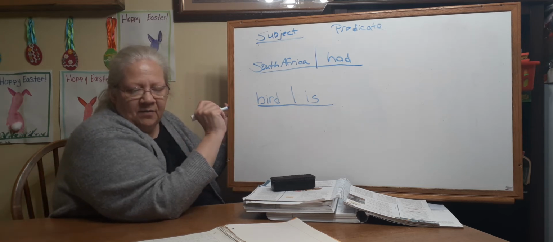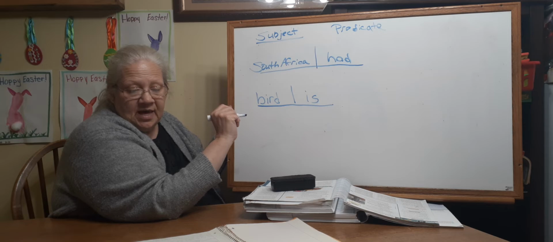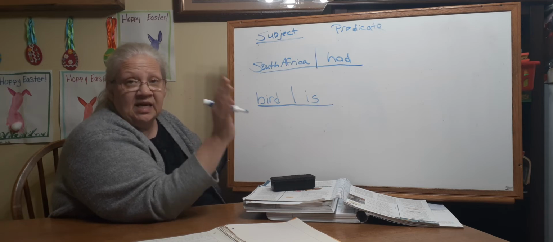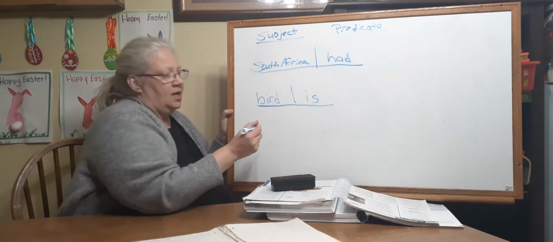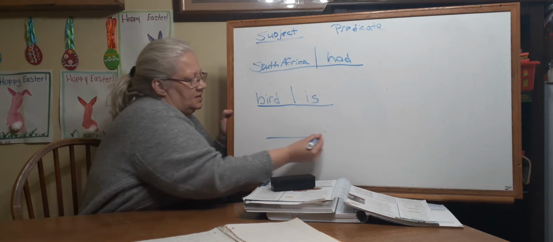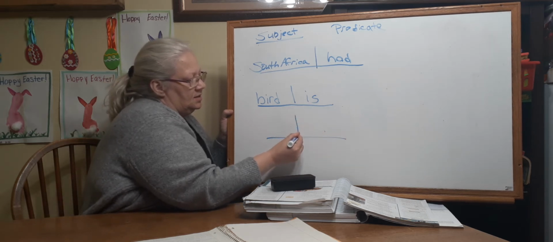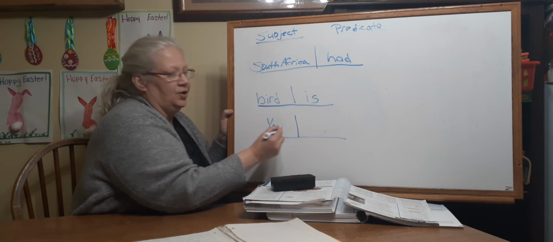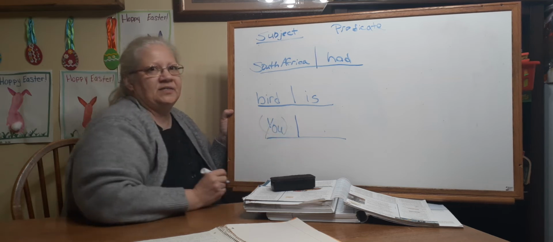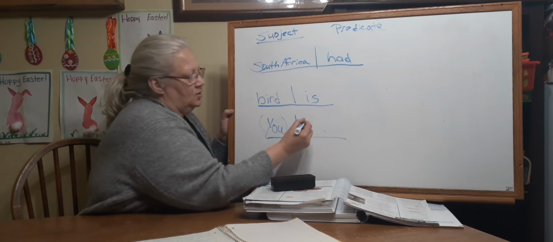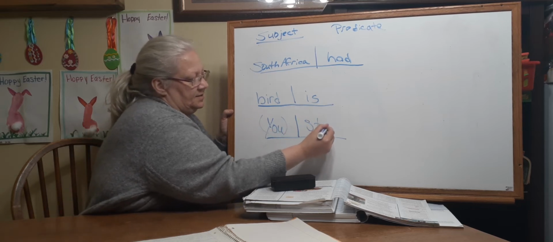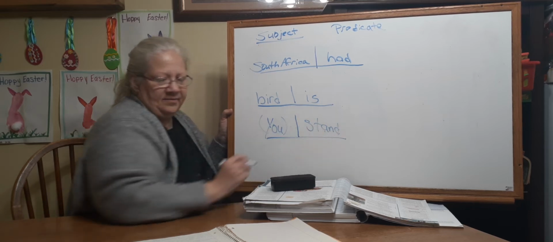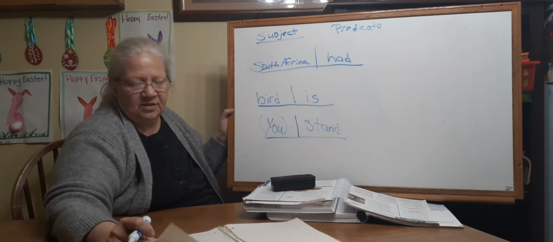If I have an imperative that says, stand up straight and tall. An imperative sentence, my subject is always you understood. That's my subject. Okay? You stand. All right? Any questions about that?